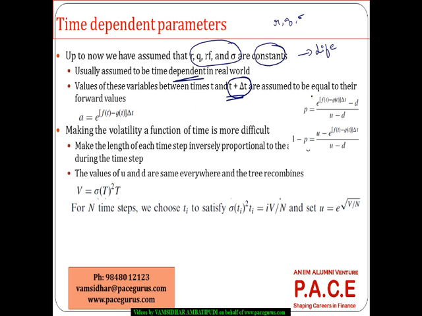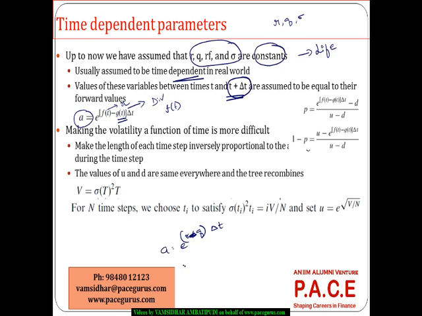Now, from there, if I am assuming f of t is the forward with respect to the interest rate, g of t is a kind of a forward with respect to the dividends. So g of t with respect to dividends, and f of t with respect to the risk-free rate of return, then a, earlier we were talking of a is e power r minus q times delta t.